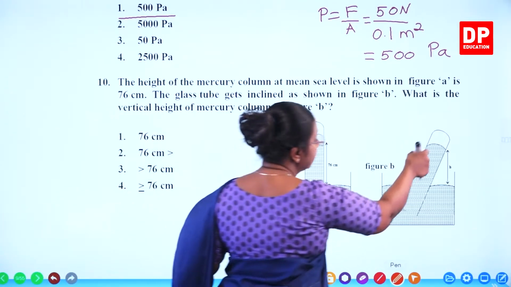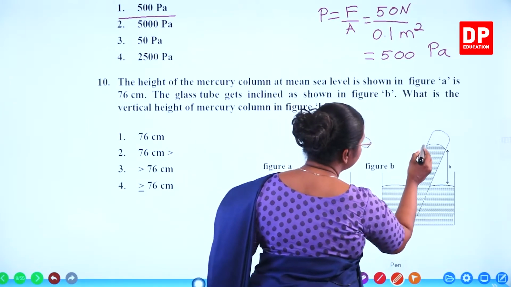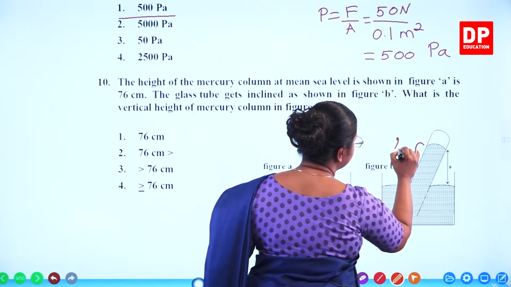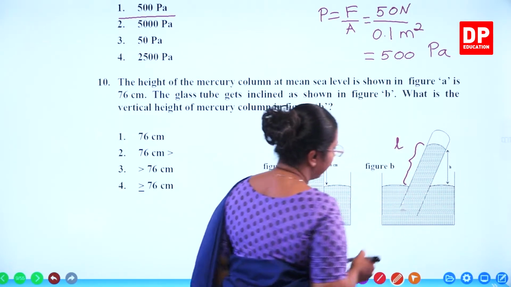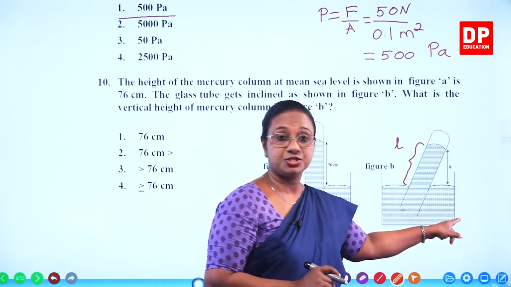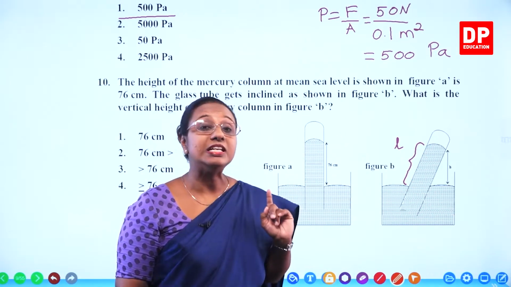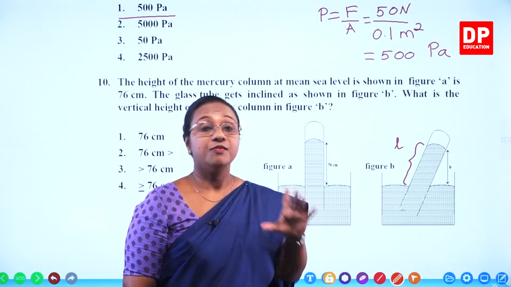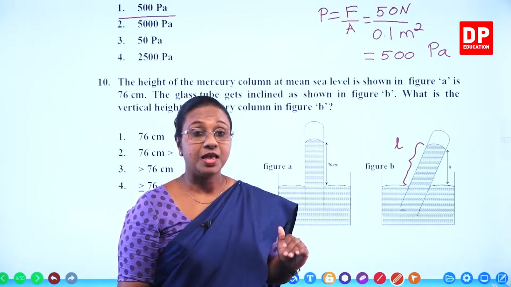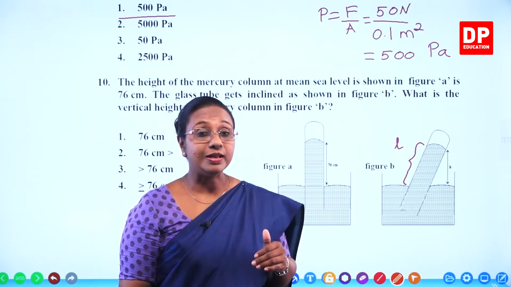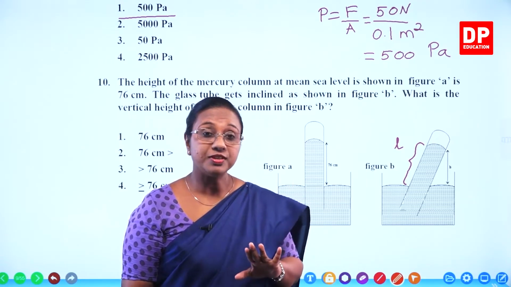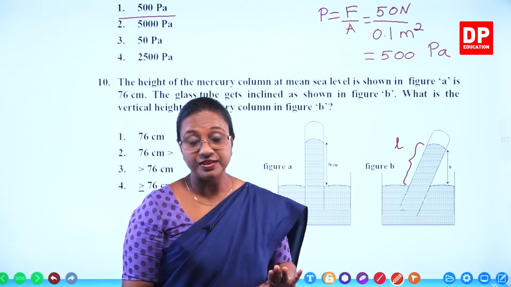Now here in this column, of course, students, there are two lengths. I'll mark this as L and this is h. Obviously, you all know L is more than h. But what is the value we take for calculations? We always take the vertical height. Why is that? Pressure exerted by a liquid column depends only on the vertical height, not the shape of the container or the volume of the container.